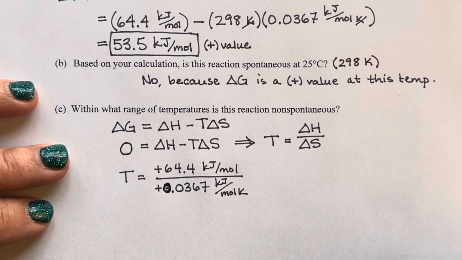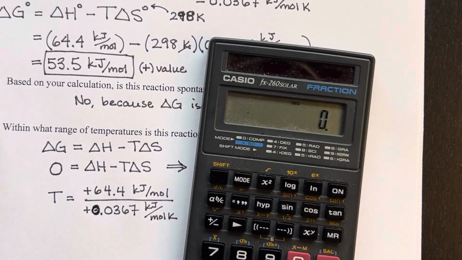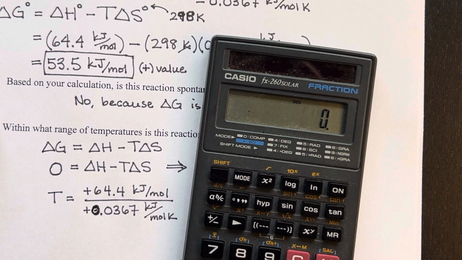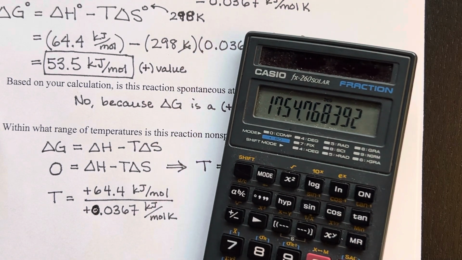All right. We're now going to divide these. 64.4 divided by 0.0367 equals.